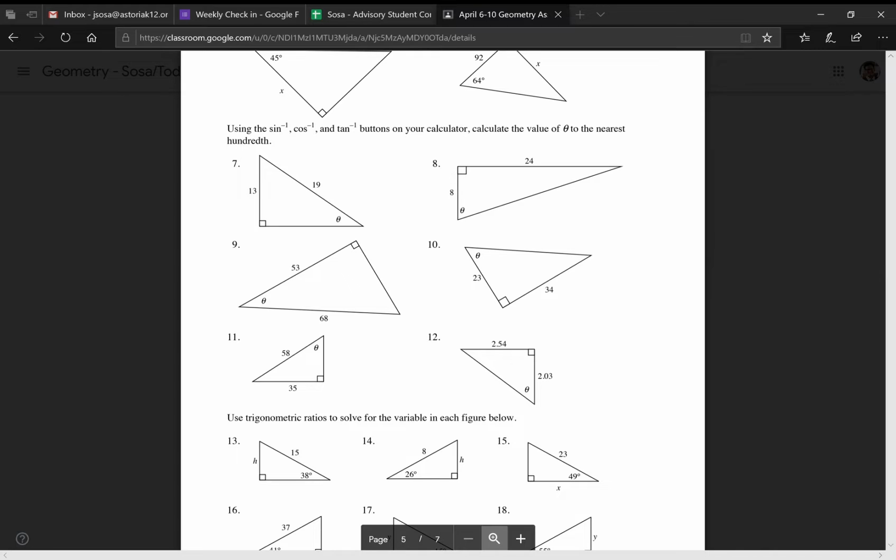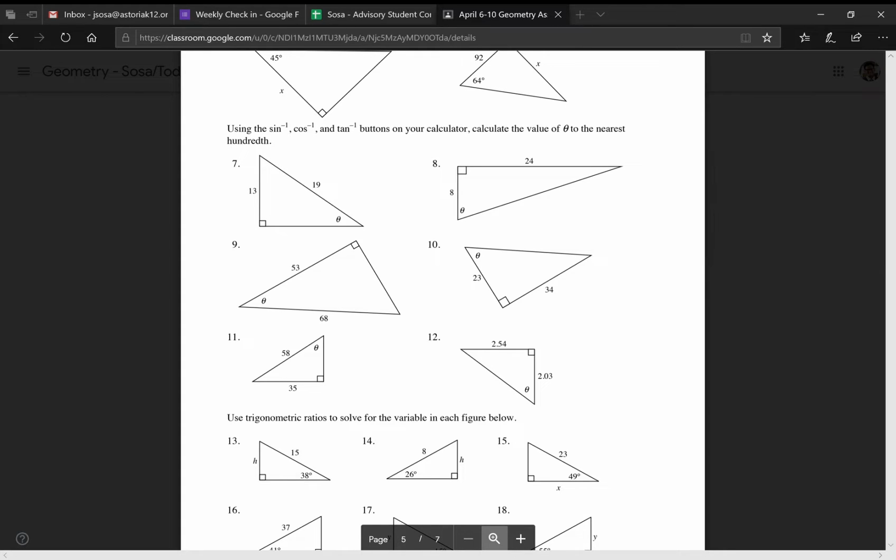Now the tangent inverse cancels out with the tangent because they're inverses, which means that these cancel out, and I only have theta on the left-hand side. And on the right-hand side, I have tangent inverse of 34 over 23.